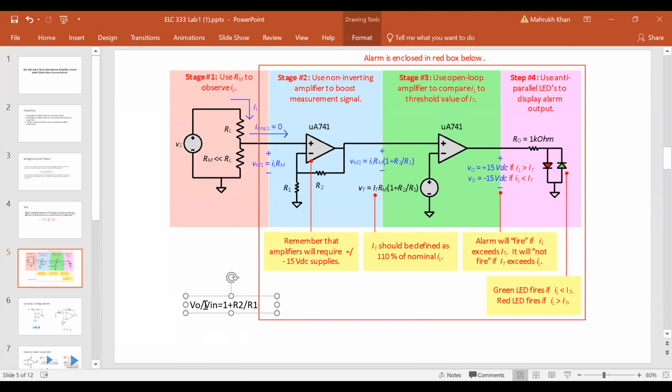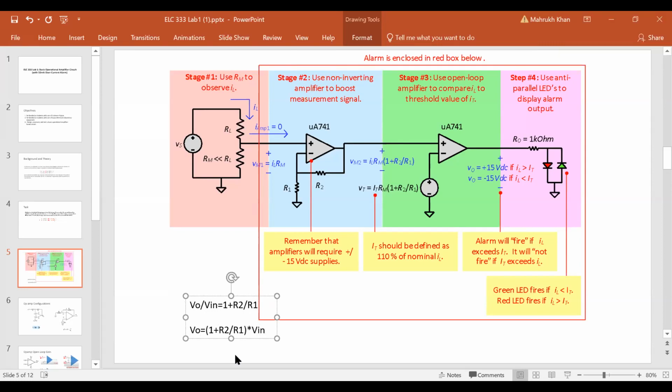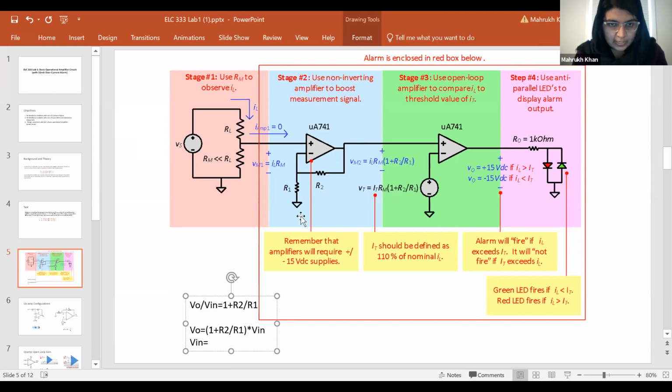So when this Vin goes here, it becomes V naught is equal to 1 plus R2 by R1 multiplied by Vin, right? Got it? So now your Vin is what here in this case?